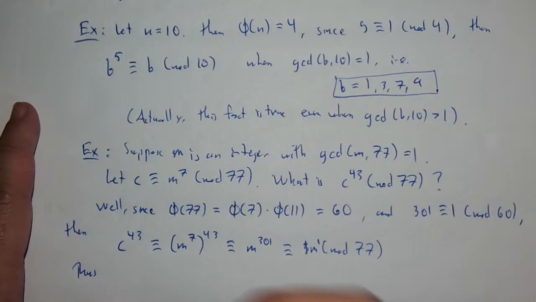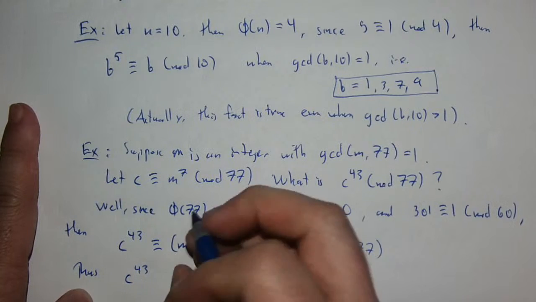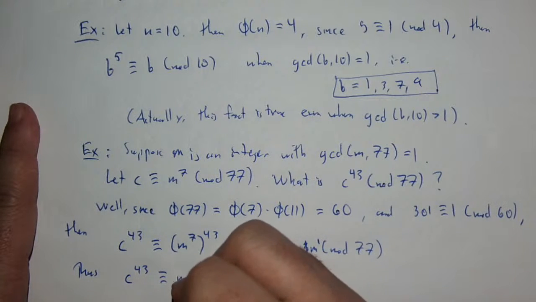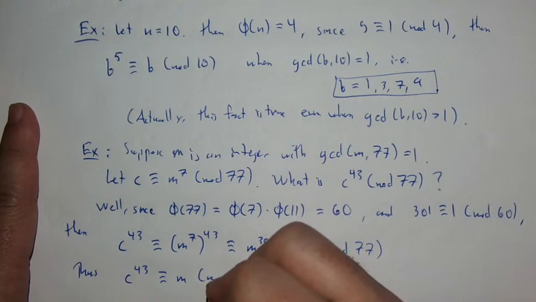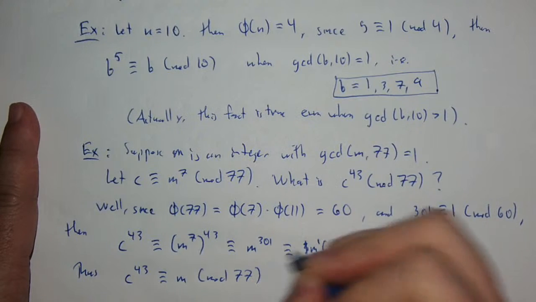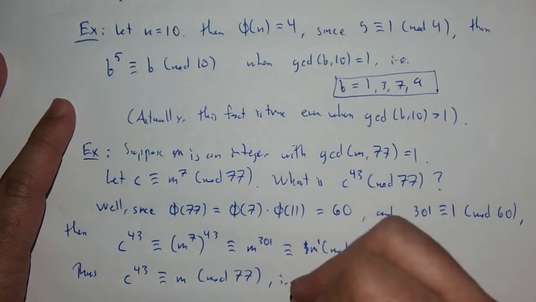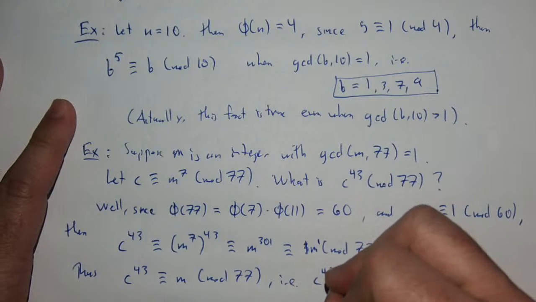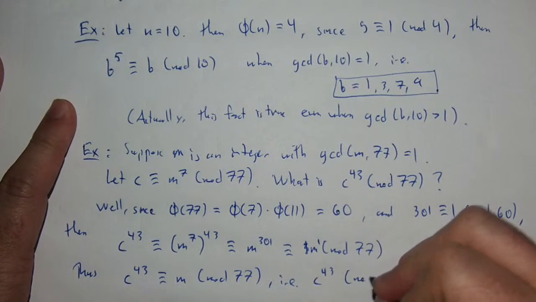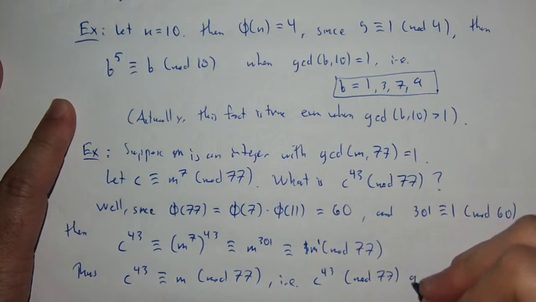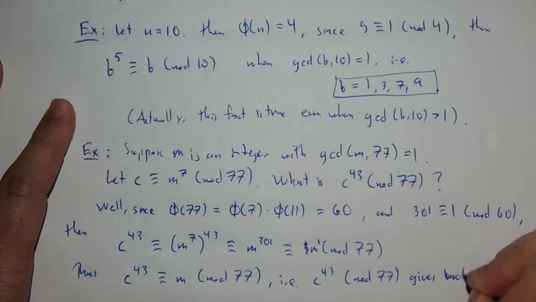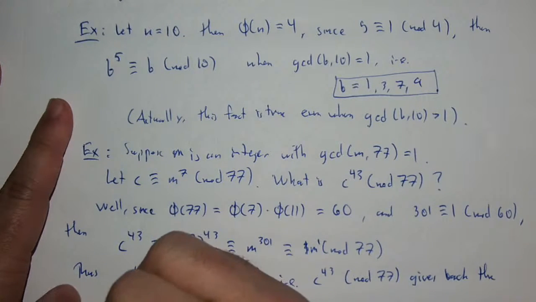So C to the 43 is congruent to m mod 77, i.e., C to the 43 mod 77 gives back the original number m.